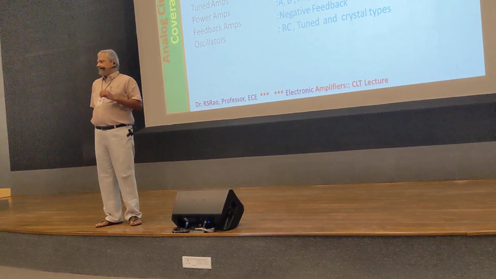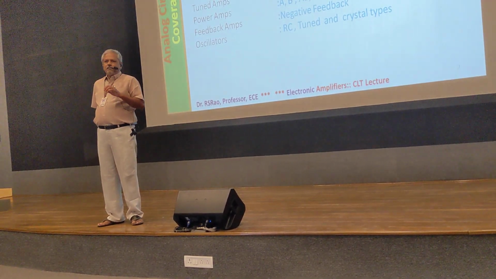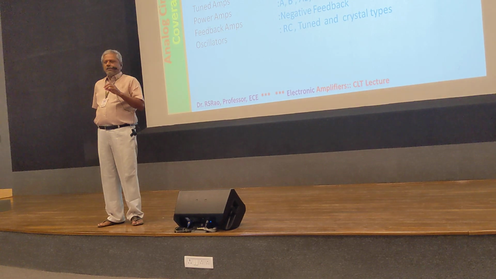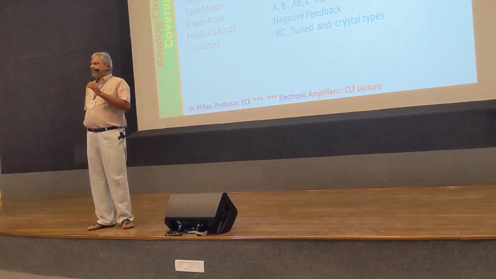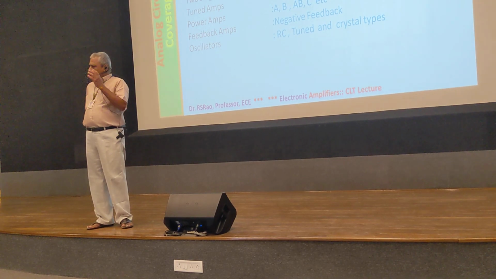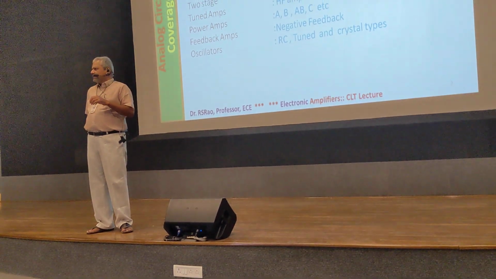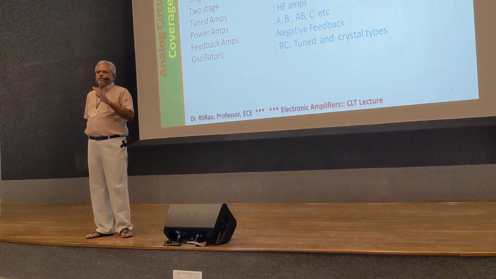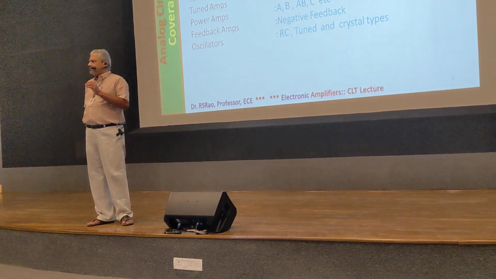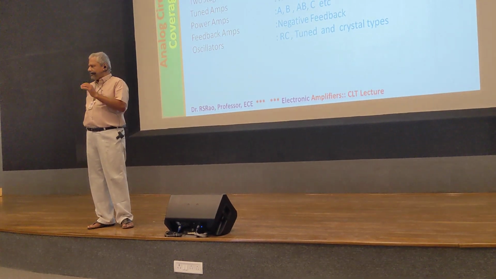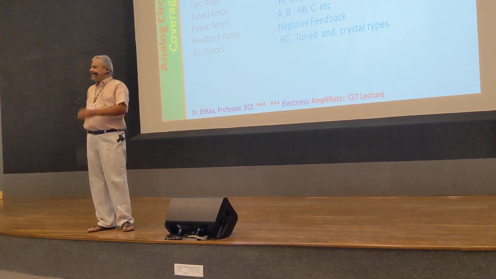But when it comes to FET amplifiers, in any FET configuration the input impedance is in megaohms. So this 10 megaohms, 5 megaohms is more than what you require. There is no need to increase it further. What is required as far as input impedance is concerned is already available in the single stage itself.